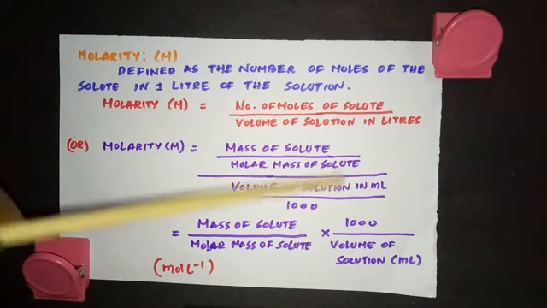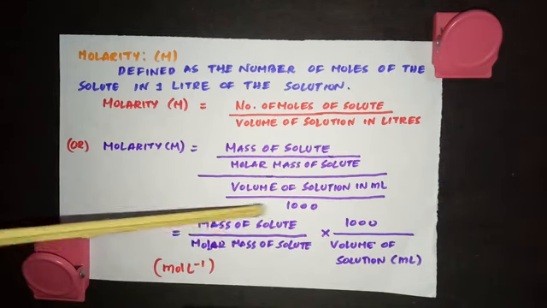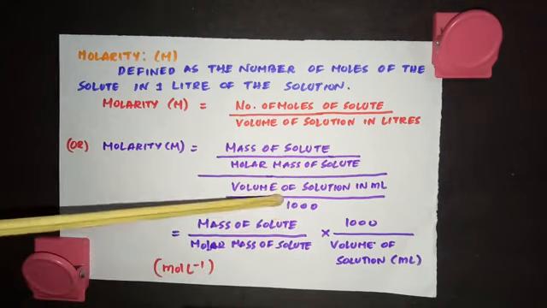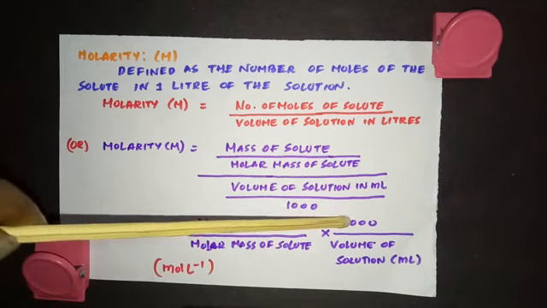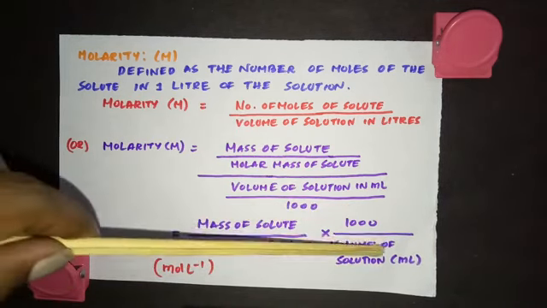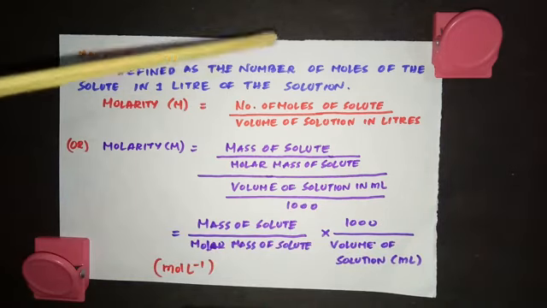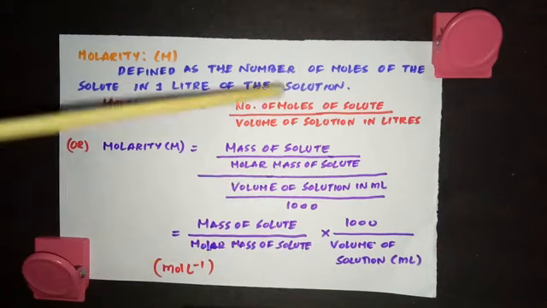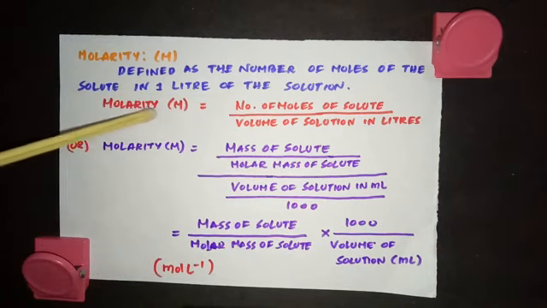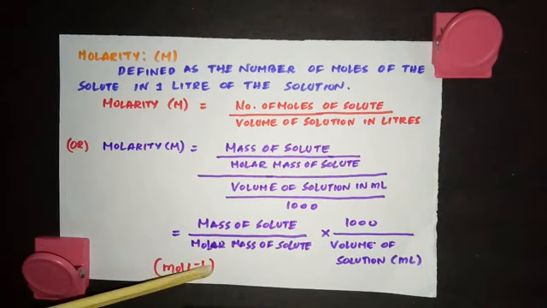So when you rearrange this, you get mass of the solute divided by molar mass of the solute, and if you are taking it there, you get 1000 on the numerator divided by volume of solution in ml. So you can calculate molarity using this or also this. Both are same.